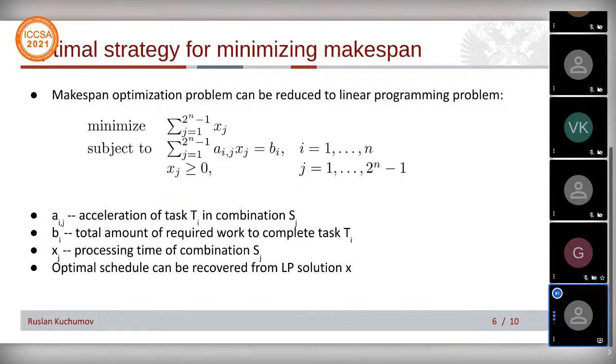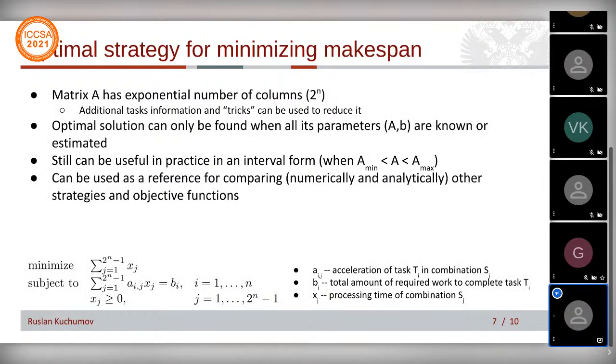And we will also need to know the b values, which are the total amount of required work to complete each task, which in practice is not available at the start. But still, this optimal solution can be useful for comparing and evaluating other strategies.